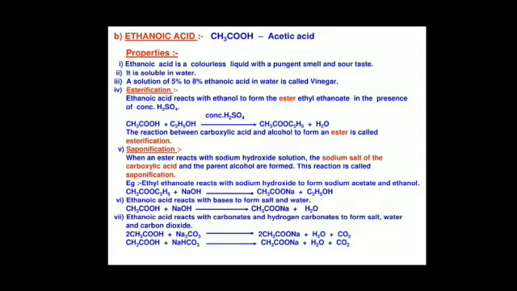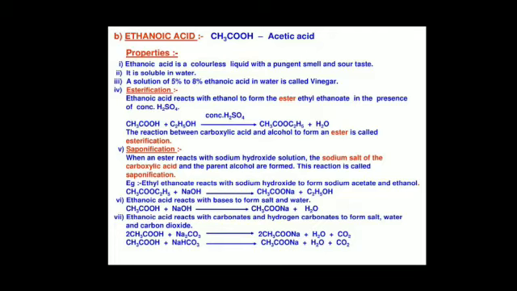Next one, ethanoic acid. Ethanoic acid is a colorless liquid with a pungent smell and sour taste. It is commonly called acetic acid, and as the name suggests, it belongs to a group of acids called carboxylic acid.